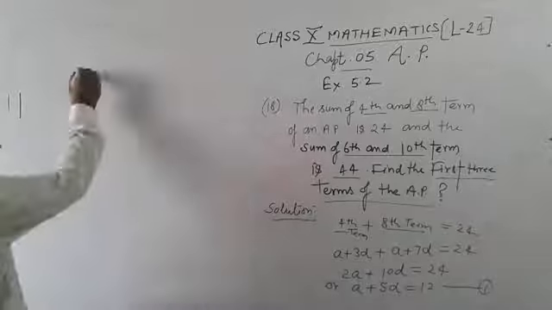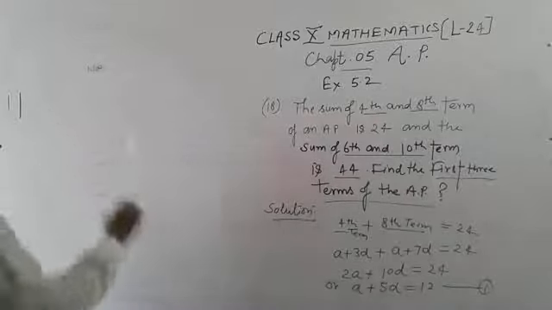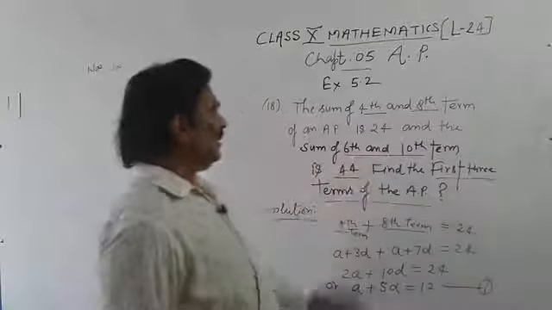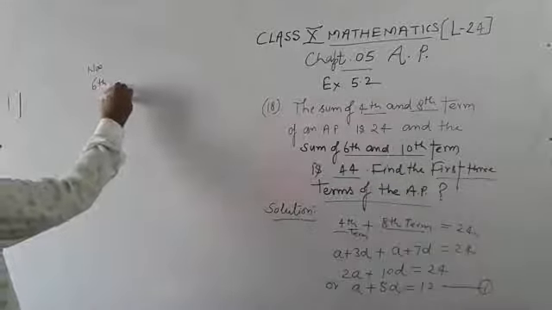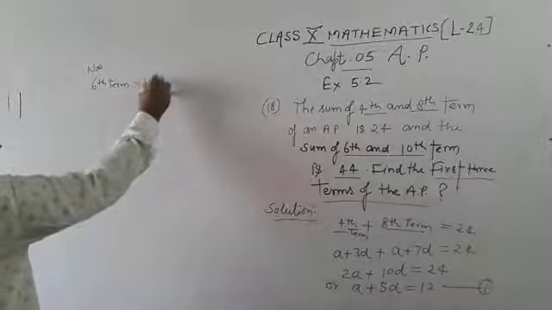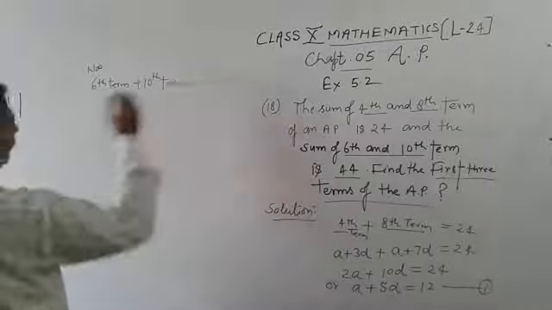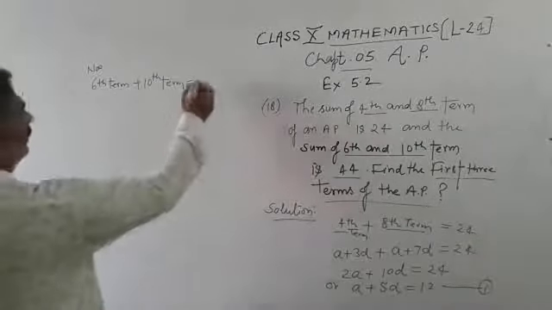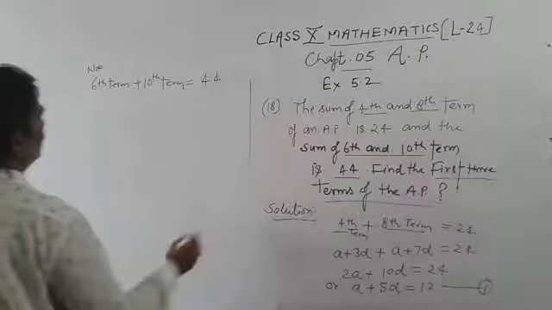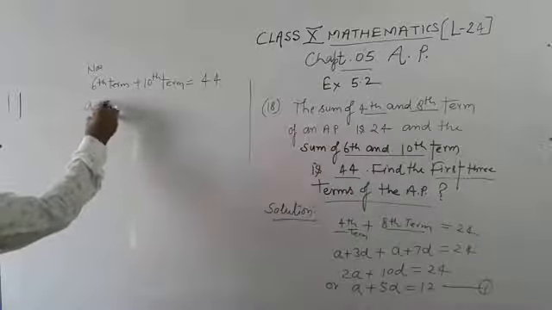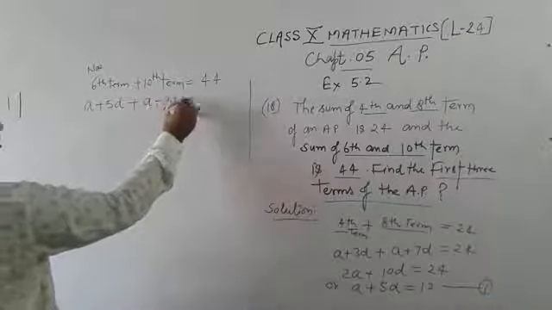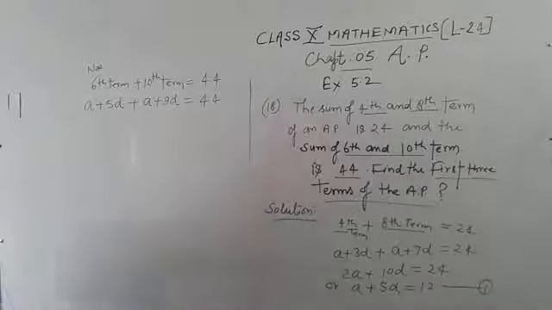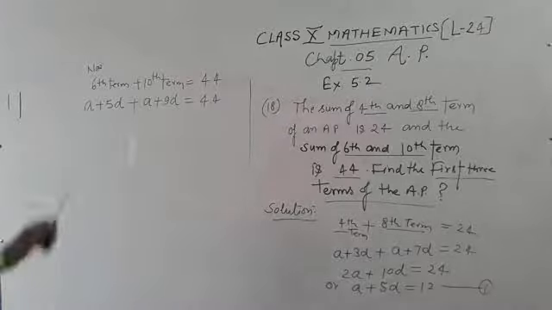Okay, now it is given the 6th term plus the 10th term is equal to 44. Okay, students. So we can write a plus 5d plus a plus 9d is equal to 44. A plus a is 2a, 5d plus 9d is 14d.